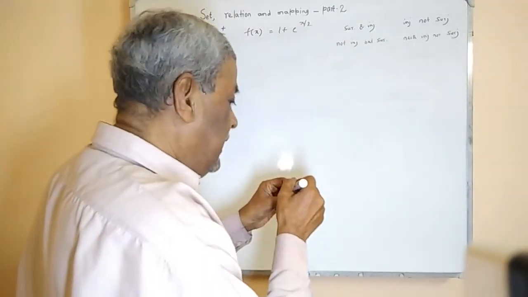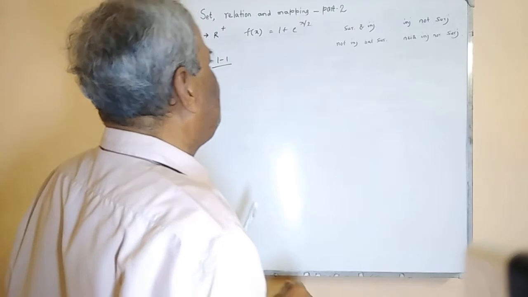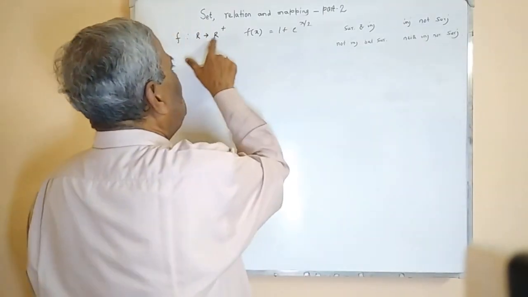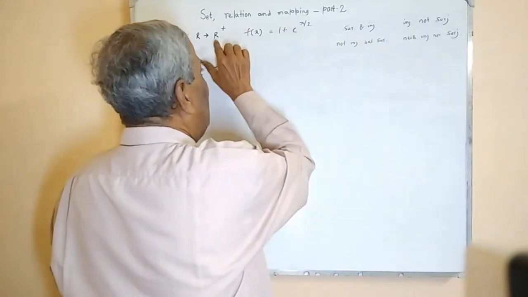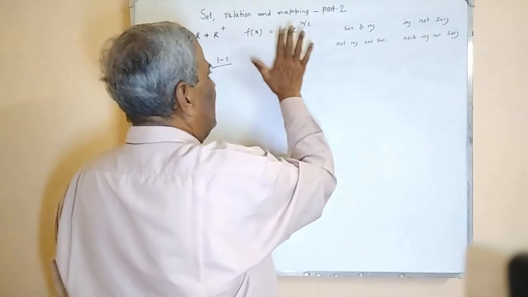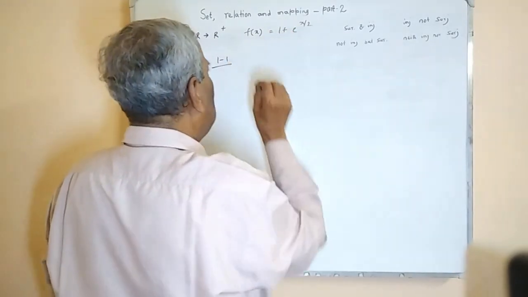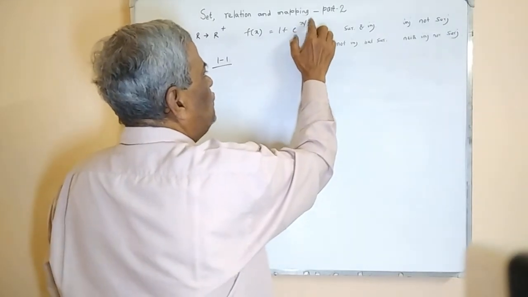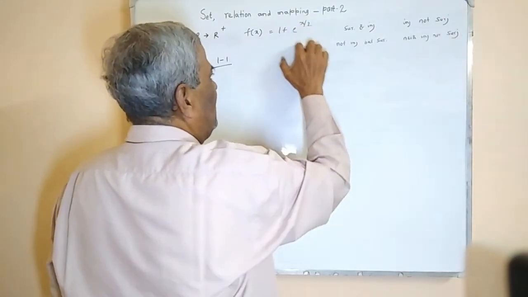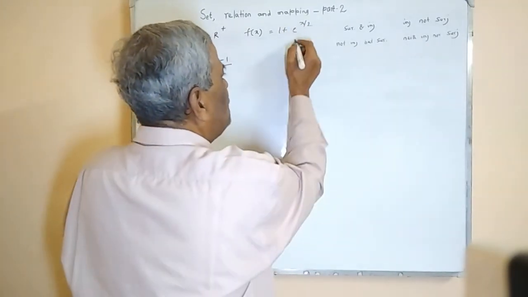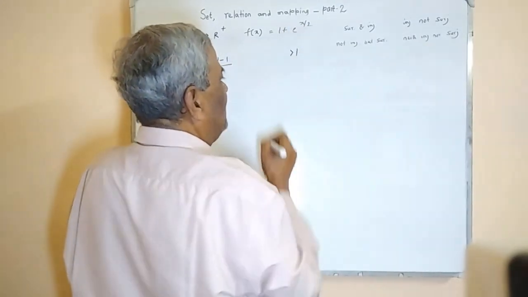Now, into or onto? It maps from R to R plus, and R plus means all positive real numbers. For any real value of x, e to the power x by 2 is positive, and 1 plus a positive quantity is always greater than 1.